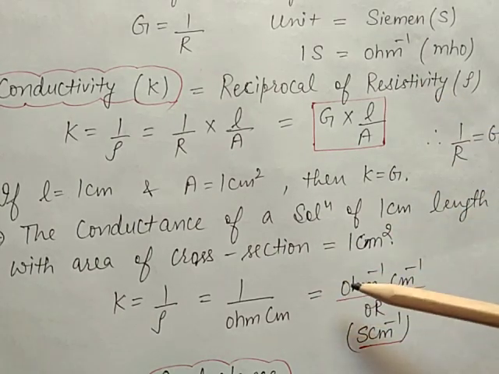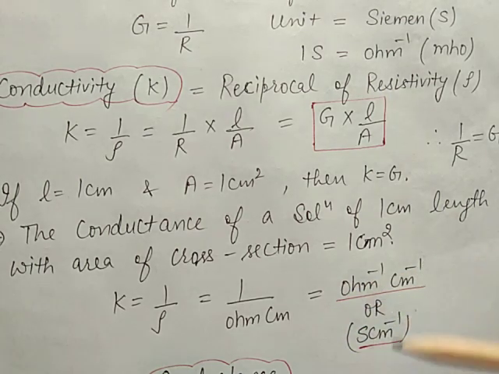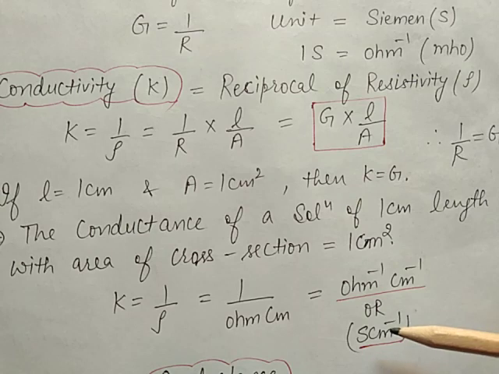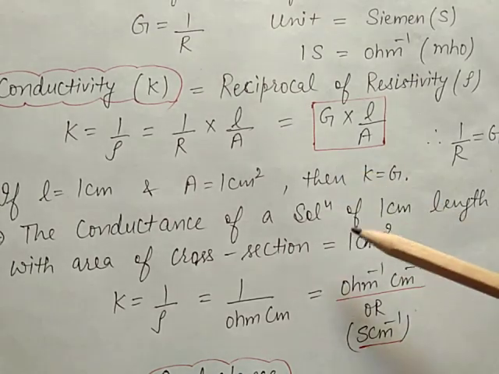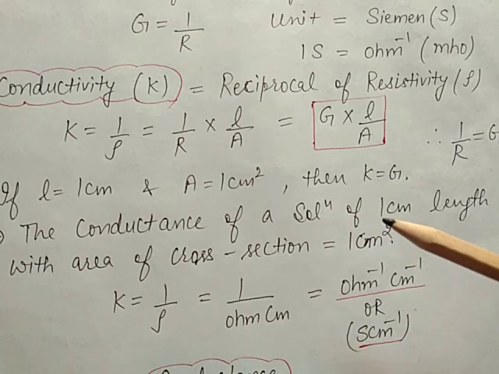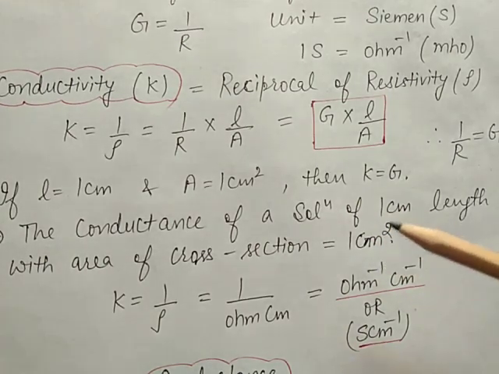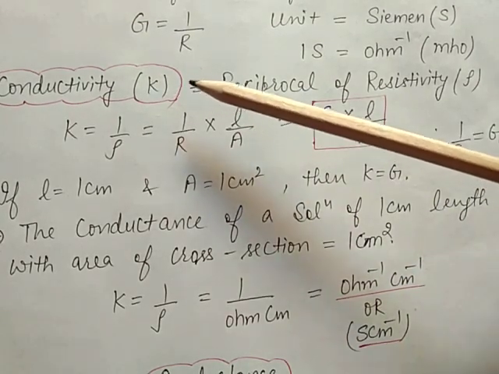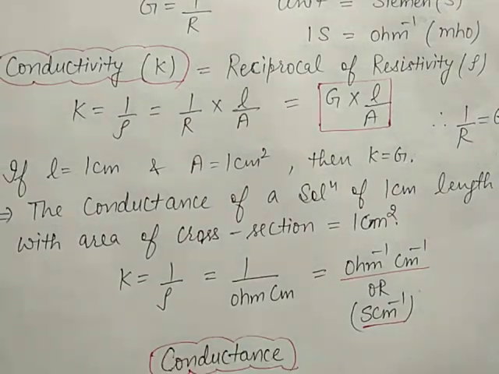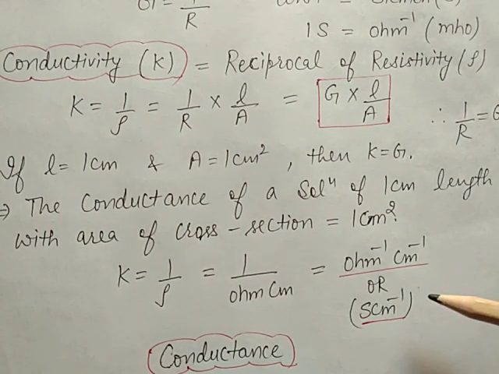After that, it becomes per ohm per centimeter or Siemens per centimeter. It is also defined as the conductance of 1 centimeter cube of the solution of the electrolyte. This is also called conductivity. Its SI unit is Siemens per meter.